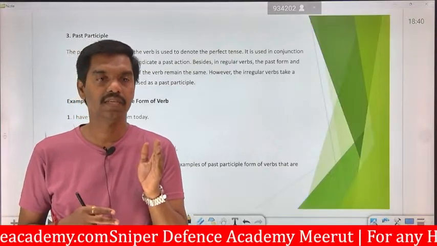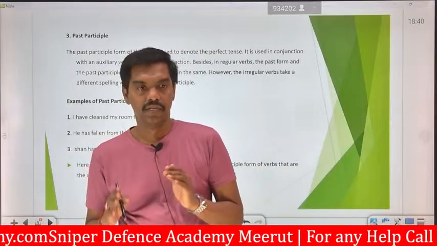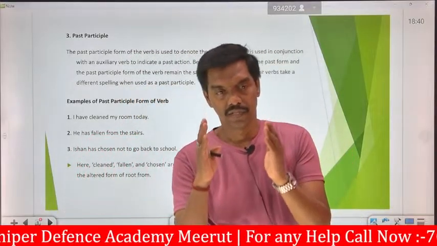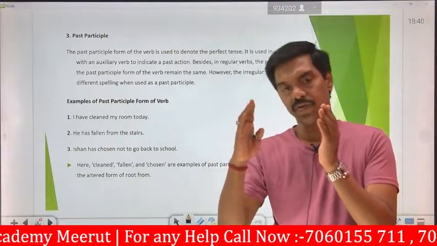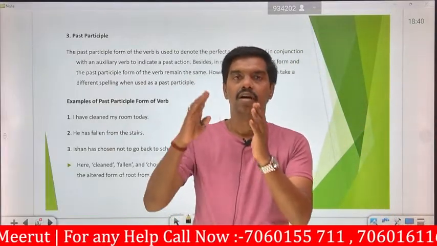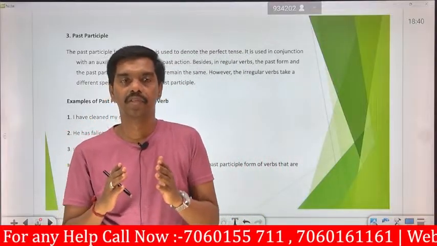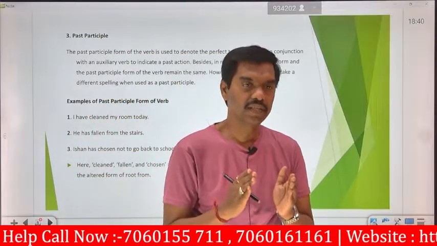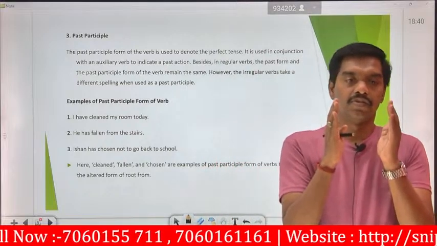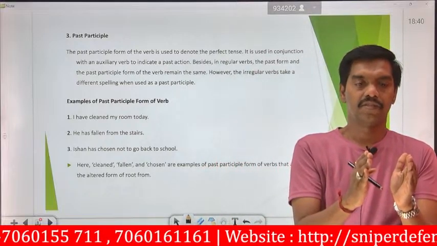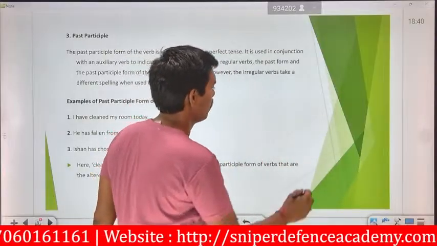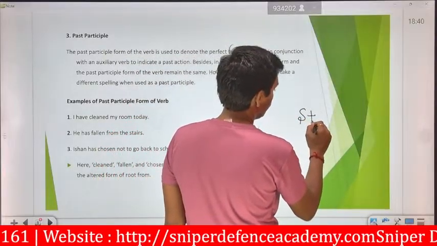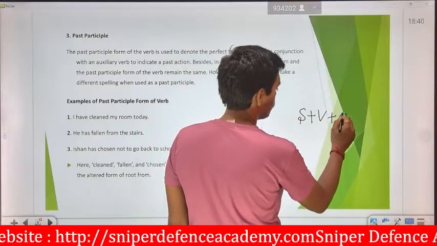You have to read the sentences once, twice, or thrice: the first time you read it, the second time you read it, the third time you read it, and you have to identify the subject, where is the verb, and where is the object. For example, you should know how to identify the subject plus verb plus object.